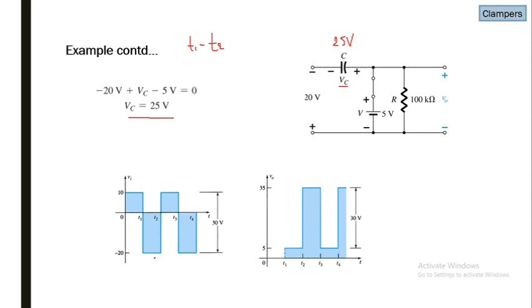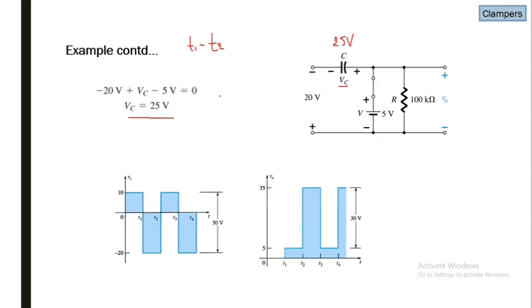And if we want to measure the output for this half cycle, we should know the output for this section also. We can apply KVL at the output loop, or you can find the output value by just examining the circuit. We are measuring output across the parallel of this branch. So we are measuring output across this 5-volt battery because the diode is a short circuit.